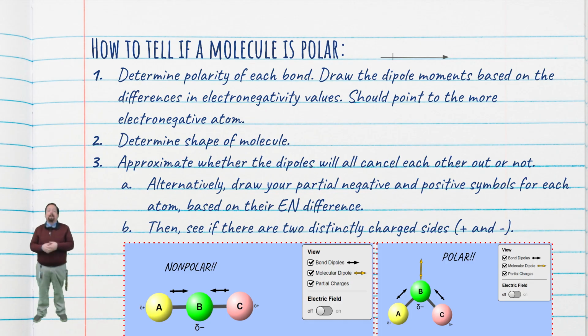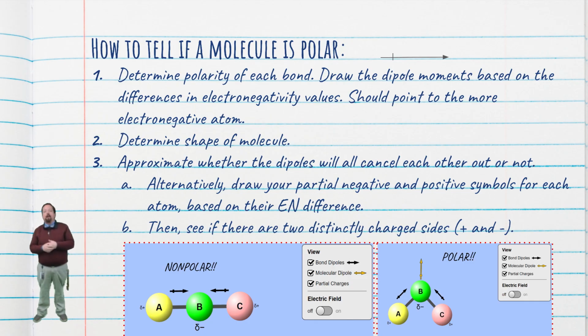If you have dipole moments like this molecule that point in opposite directions, they cancel each other out and you have a nonpolar molecule. There's a glue-in for your notebook that gives you a list of symmetrical shapes in which the dipoles will cancel out if all of the outer atoms in the molecule are the same element. If the shape of the molecule is not one of those handful of symmetrical shapes and they have polar bonds, then it's a polar molecule.